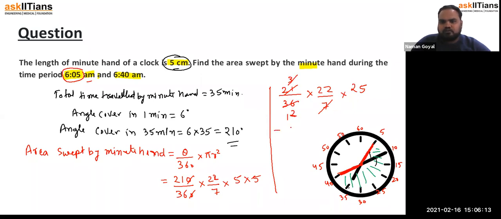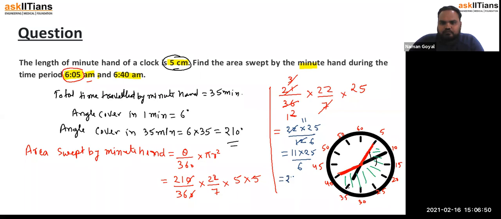Now how much do we get? 22 into 25 upon 12. You can simplify more: 11 will be cancelled by 6 times. Now you have to multiply 11 into 25 upon 6. When you calculate 11 into 25, you get 275.